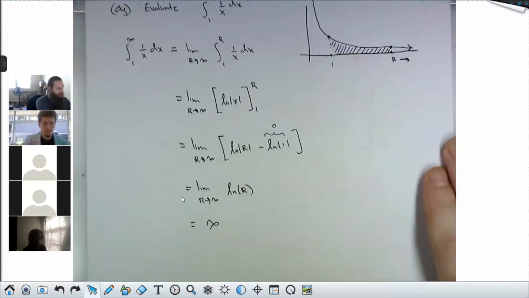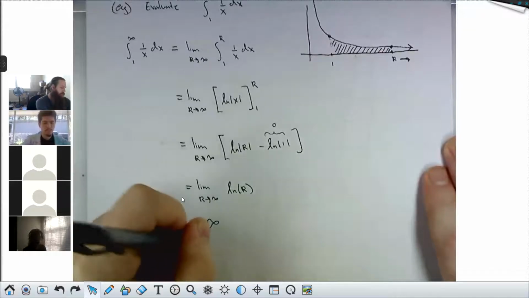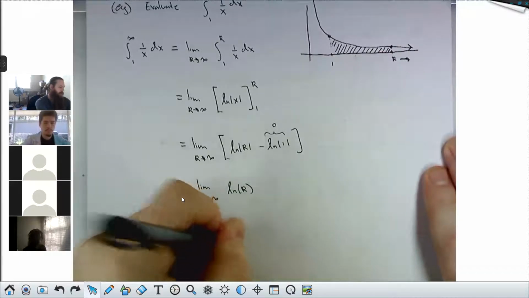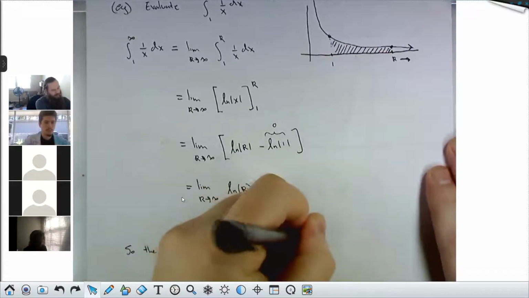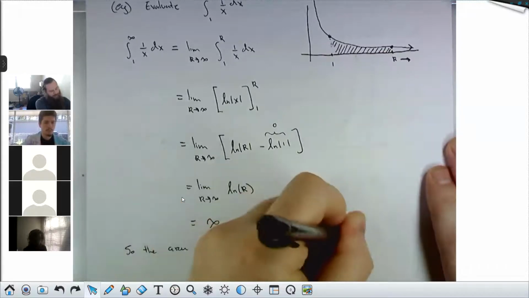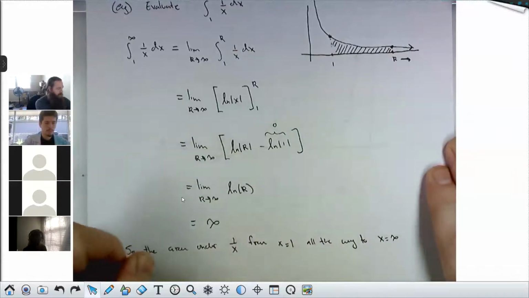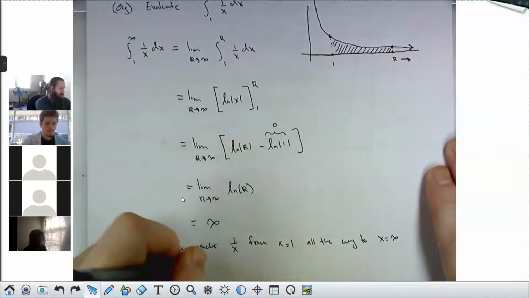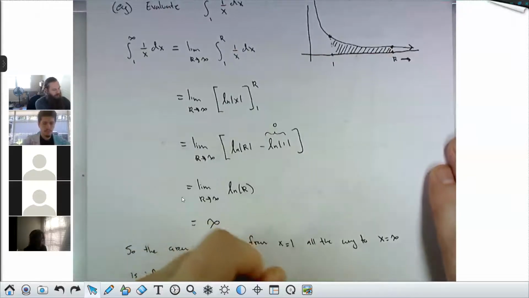So here we would say the area under 1 over x from x equals 1 all the way to x equals infinity is infinite. Thus, the integral from 1 to infinity of 1 over x dx is what we call a divergent integral.